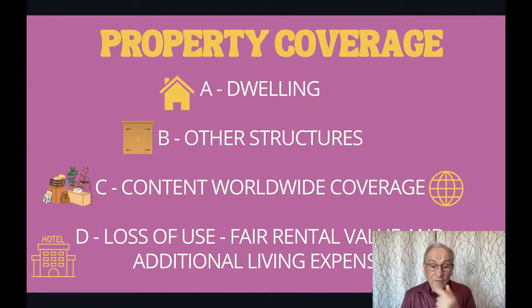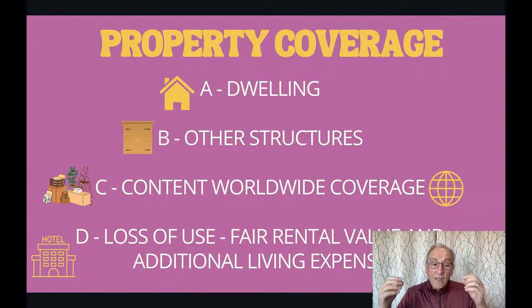But additional living expense is very important. I taught a class in Colorado where half the people in the class had experienced forest fires and had their houses destroyed. And all of them used additional living expenses while they were rebuilding the house. Same thing in California. Those people have to go someplace.